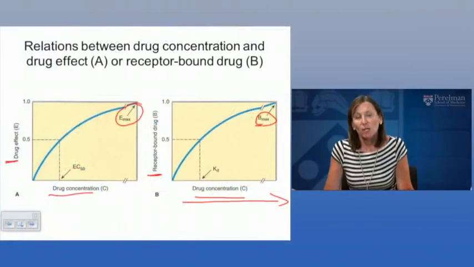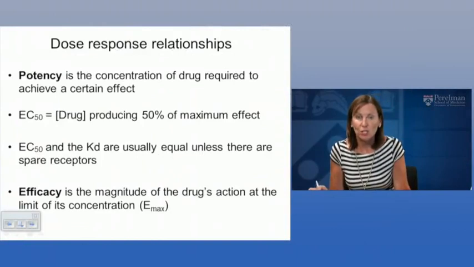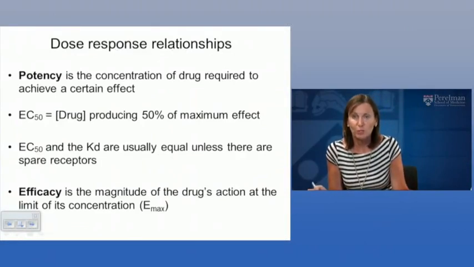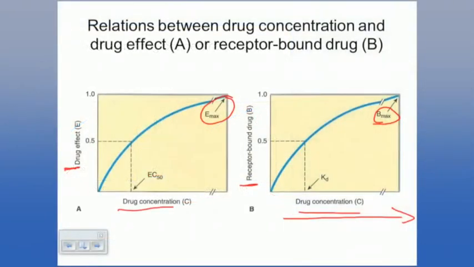In terms of EC50, remembering what we said previously, the EC50 is the concentration of the drug producing 50% of the maximum effect. So where is that on panel A? Well, you just look at your y-axis and see where the 50% mark lies. You draw a horizontal line over to your dose-response curve, and then you drop a vertical down onto the x-axis, which is the drug concentration axis.